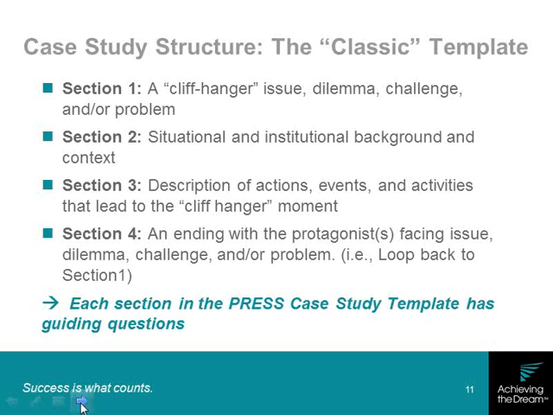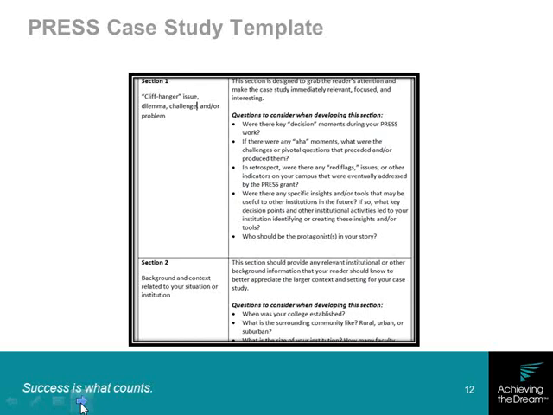And each section in the press case study template has guiding questions to lead you through the writing of this case study. There's a picture of the case study template.